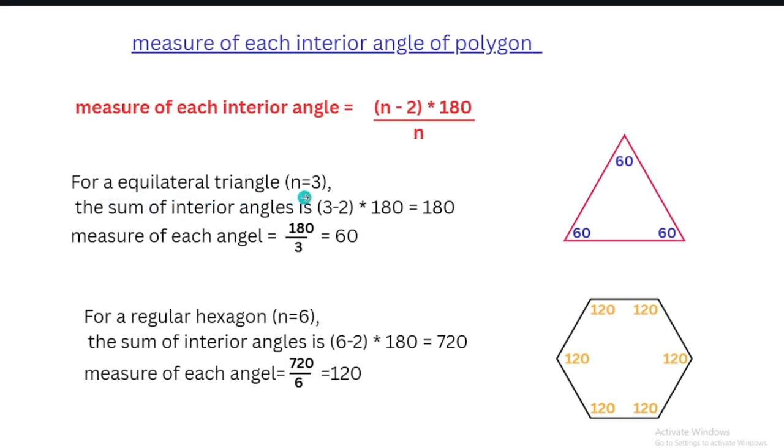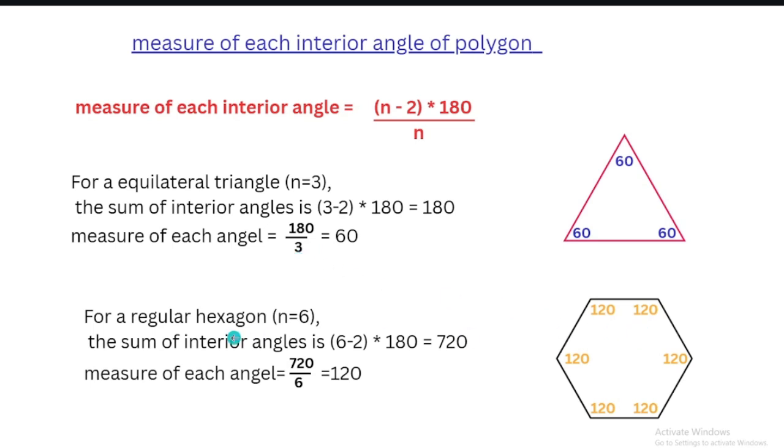For an equilateral triangle, n equals 3. N is the number of sides. The sum of interior angles is 3 minus 2 times 180. This is 180 for the triangle. The sum of the inside angles of a triangle equals 180. To get every angle of them, you have to divide by 3.